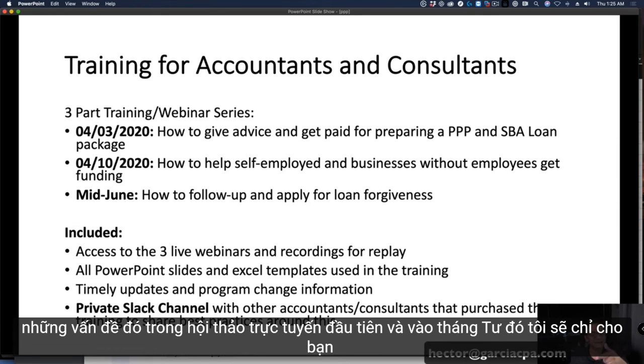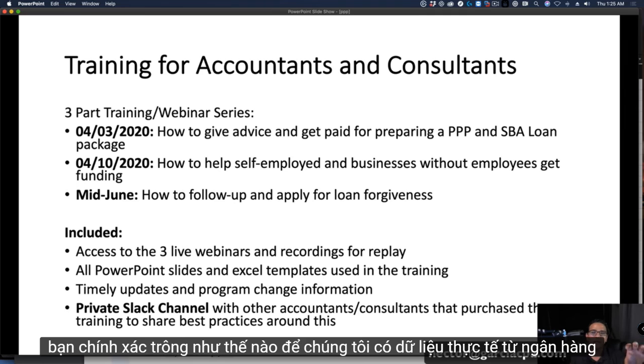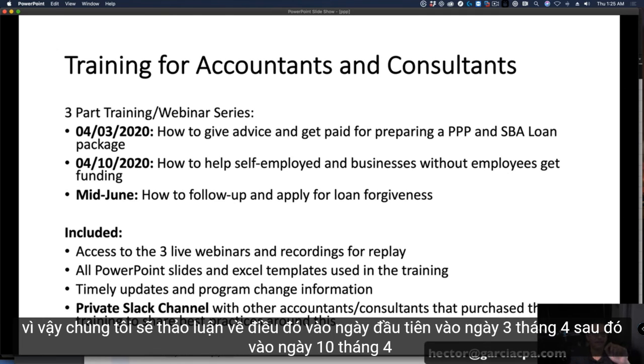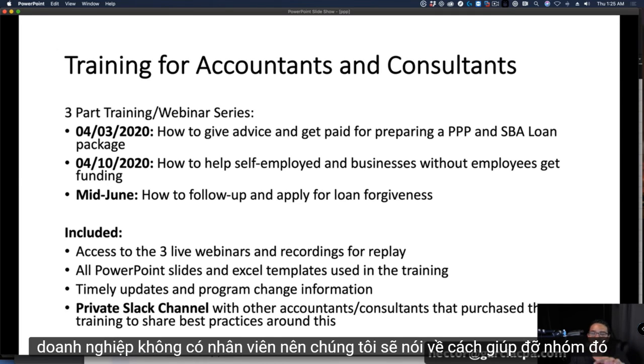And in that April 3rd session, I'm going to show you an actual application once the applications go live, so you'll see exactly what it looks like, with the actual real data from the bank. Then on April 10th, we're going to talk about the second part of this program, which is self-employed businesses without employees.